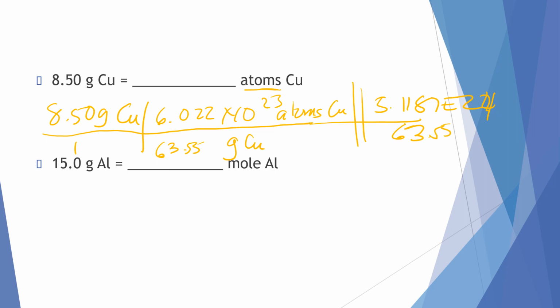So the answer I got was 8.0546 something E22. If you're doing this on your calculator and you don't get this, make sure you group your stuff correctly. So 3 sig figs: 8.05 times 10 to the 22 atoms of copper.